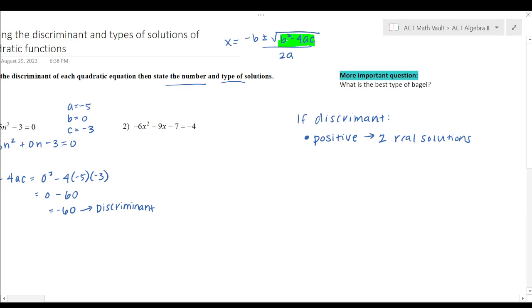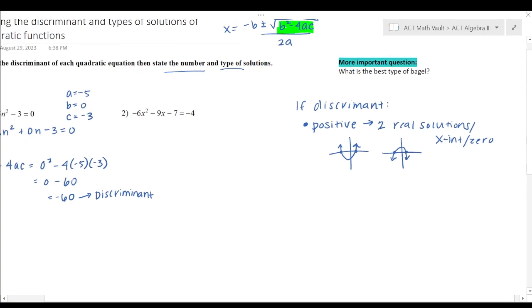And our case on a graph would be like, okay, so what's a solution? A solution is the same thing as an x-intercept or a 0. So if I drew it out, it would be a U-shape parabola, and there would be 2 solutions, meaning x-intercepts, on the axis. So it would cut through the x-axis in 2 different places.